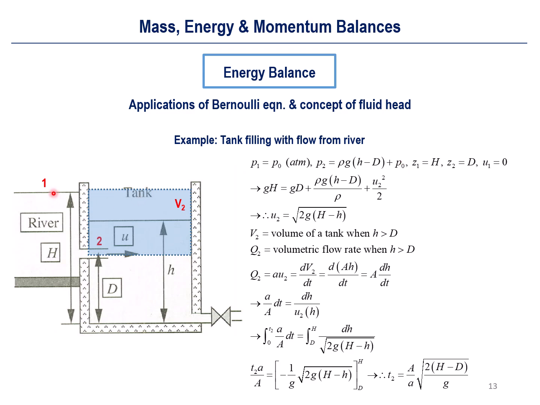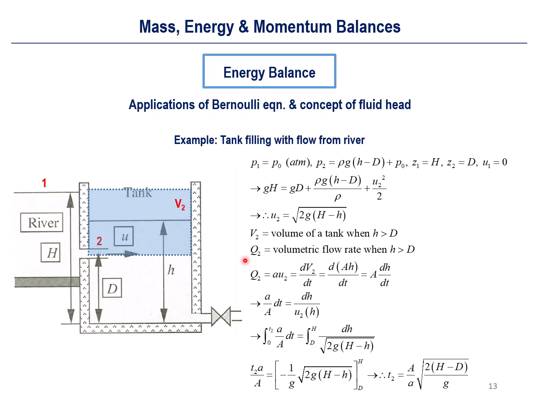And z1 is h, and z2 is d, because d is the fixed one. And U1 is still 0, and that's why we can calculate U2 as the square root of 2g and h negative small h. And likewise, in these cases, you can calculate the V2 and the Q2 to fill this later part.